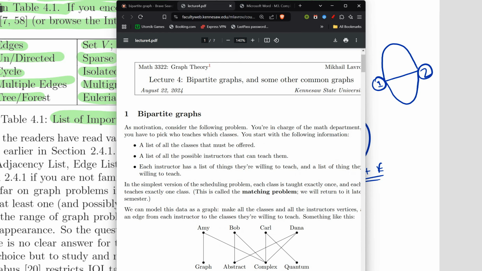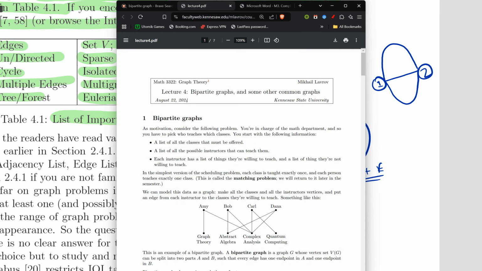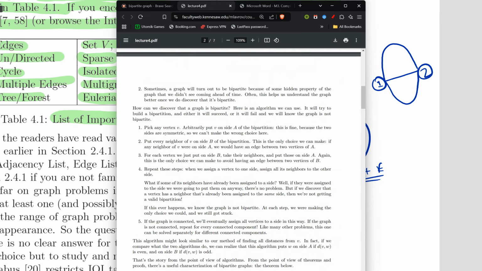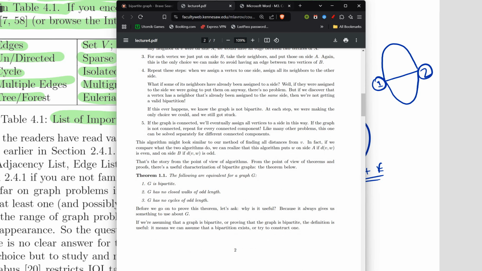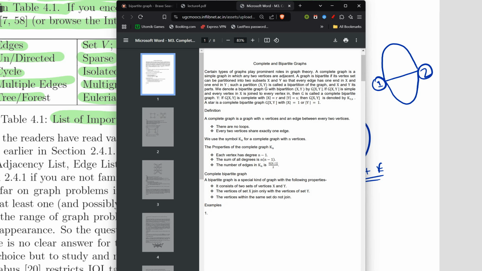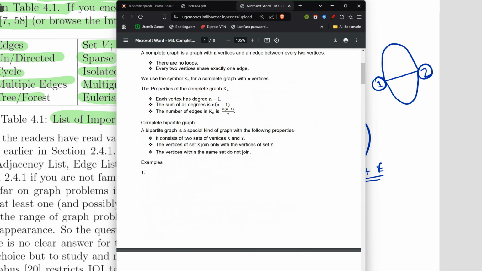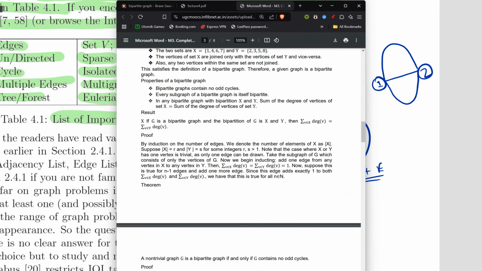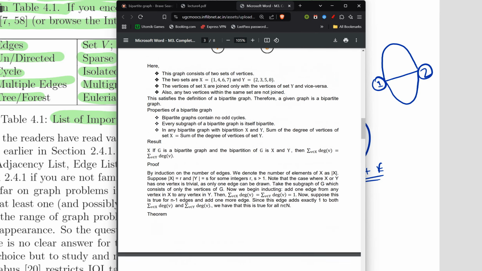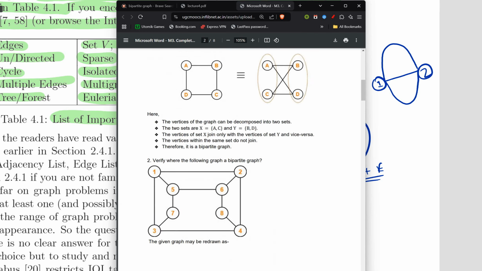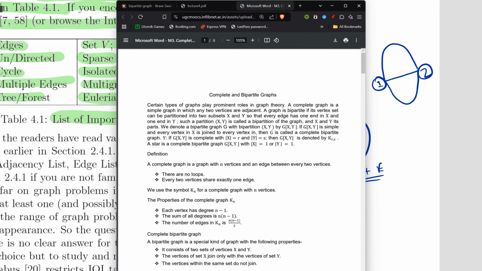Okay, so then this is the definition of complete graph.